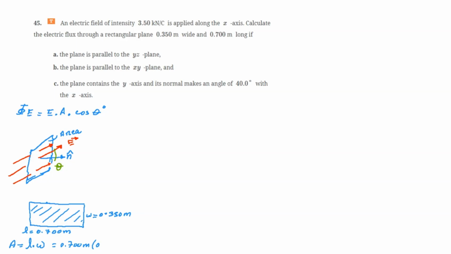But now my plane is parallel to the xy plane. So when you are parallel to the xy plane, the plane is like this. The normal to that plane would be a point, would be a dot. What you see instead of the arrow would be like a kind of dot. And the electric field lines are like this.